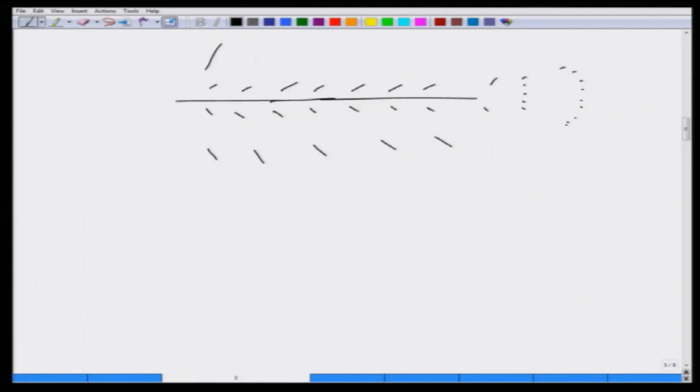So, you can see that the field is actually very weak over here. And the field is actually going as 1 by r in the middle of the charge. Again, at the bottom also the field will be very weak as you go away from the charge. So, the field is actually very weak at these points, the field is strong only here.